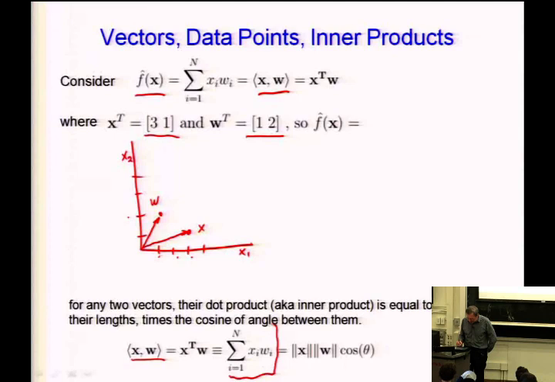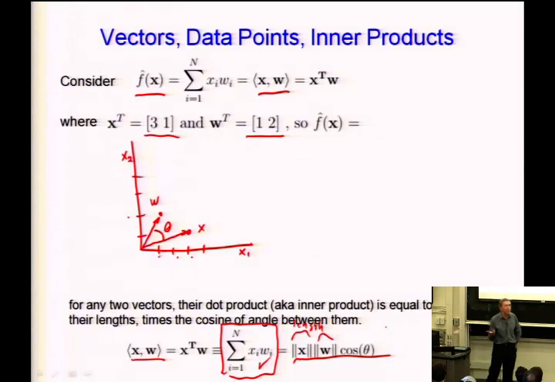But then what's interesting is when I think about the dot product of two vectors, of course we have our definition of it. It's just what we said it was. But we can also think of it in terms of the length of these vectors and the angle between them. So for example, if I call this angle between w and x theta, then it's also the case that their dot product, defined this way, is equal to the length of x and the length of w times the cosine of the angle between them.